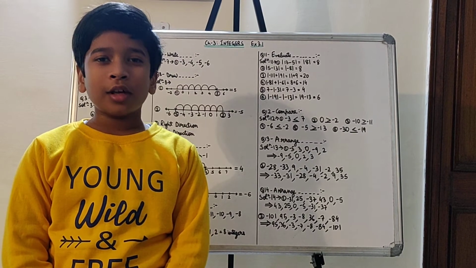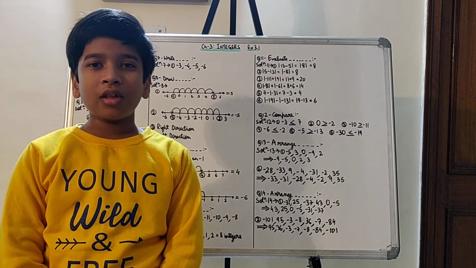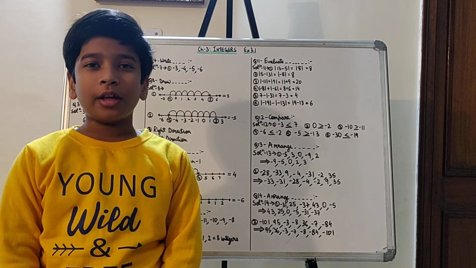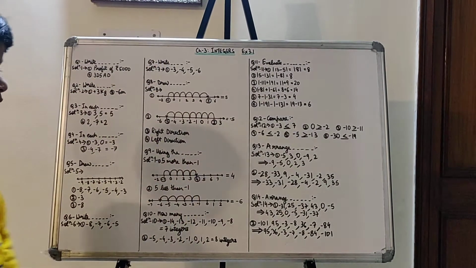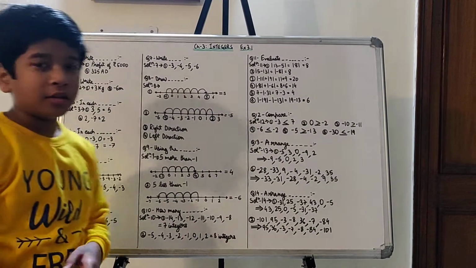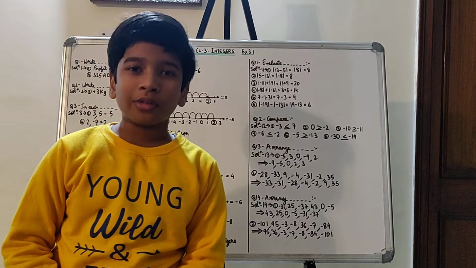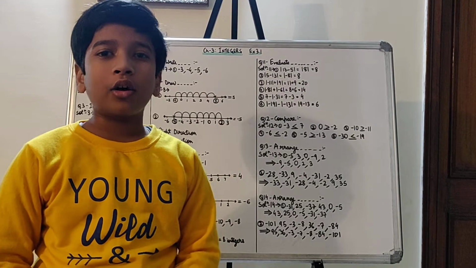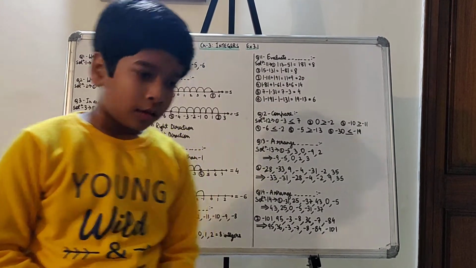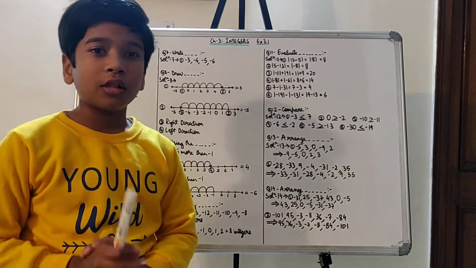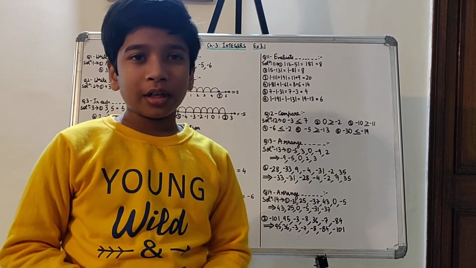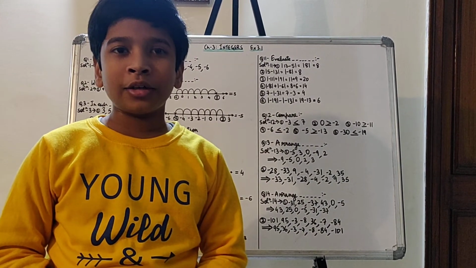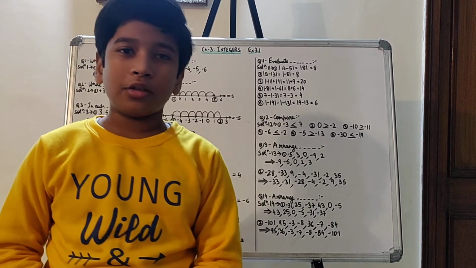Good evening. Today we are going to start with exercise 3.1 of chapter 3, Integers. So what are integers? The negative numbers and positive numbers, especially the whole numbers, all together are called integers. Integers are of two types: positive integers and negative integers.